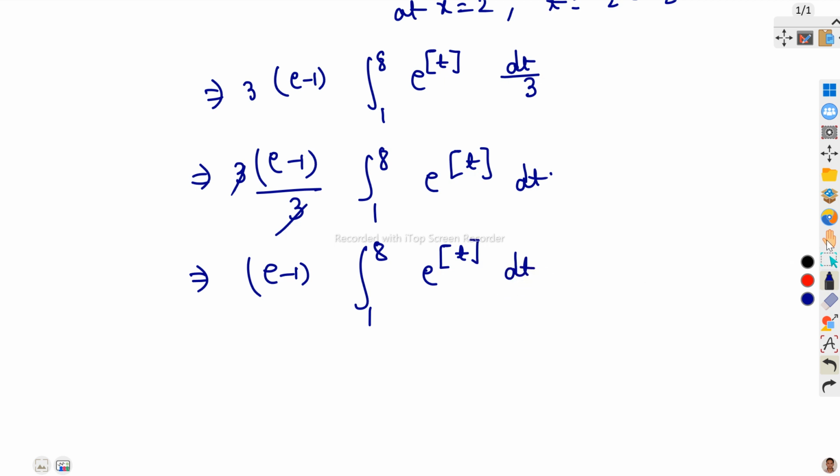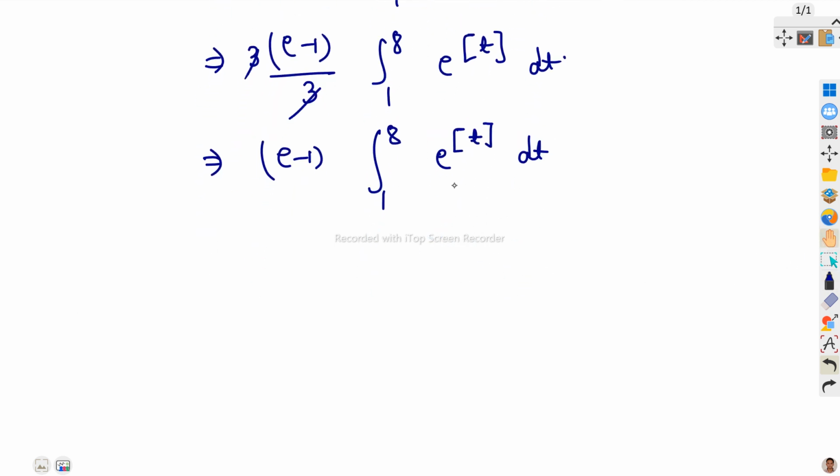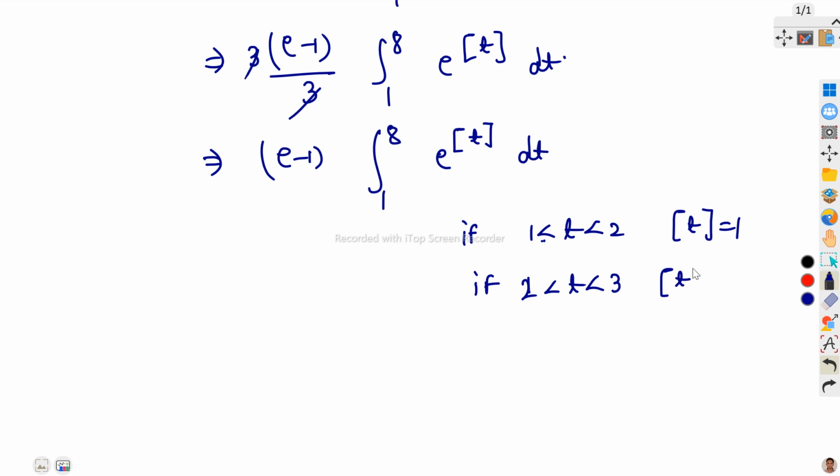We know that if the value of t lies between 1 and 2, then bracket of t equals 1, and if it lies between 2 and 3, the bracket of t equals 2, and similarly if it lies between 7 and 8, bracket of t equals 7.